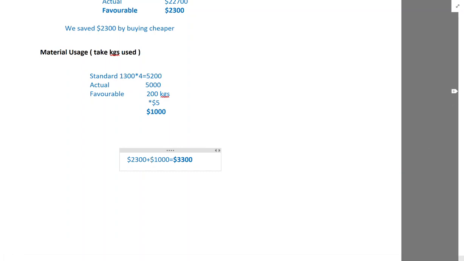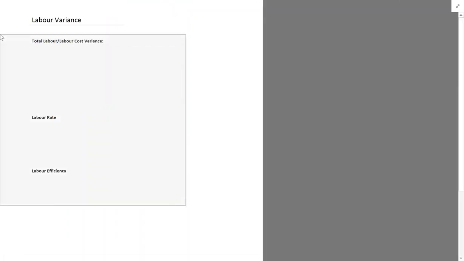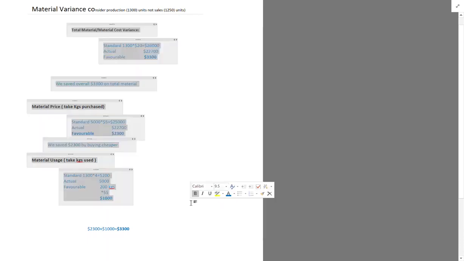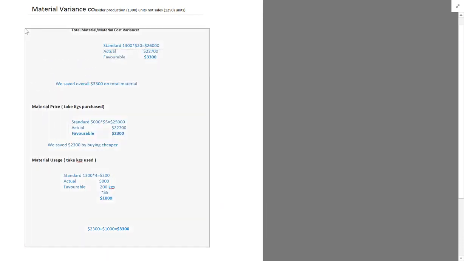Next is labor variance. What I'm going to do is delete this, copy this, just wanting to show you how similar these are.